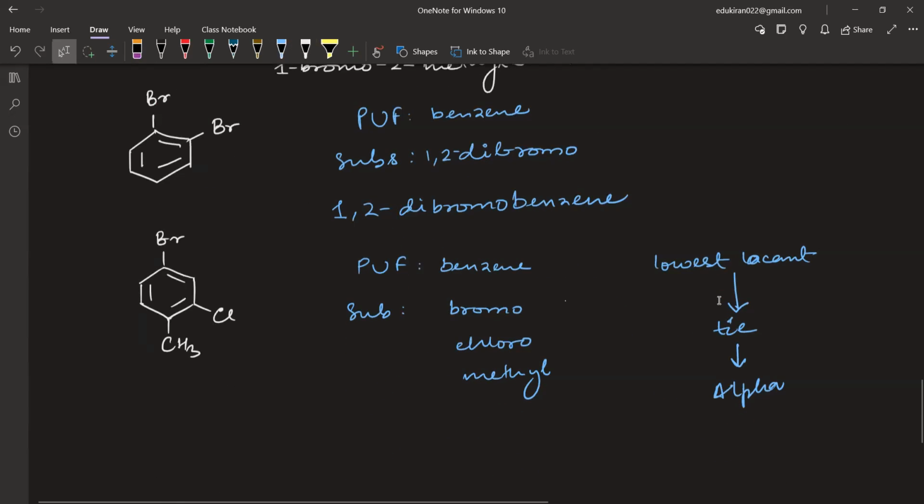Now, in this case, I can either start with 1, 2, 3, 4 in one direction, or else I can start with methyl as 1, then chlorine 2, so bromine will be 3 and 4.